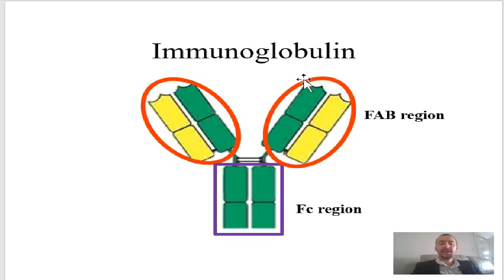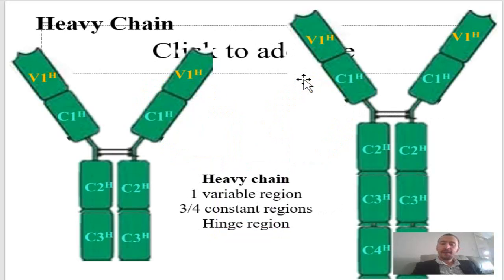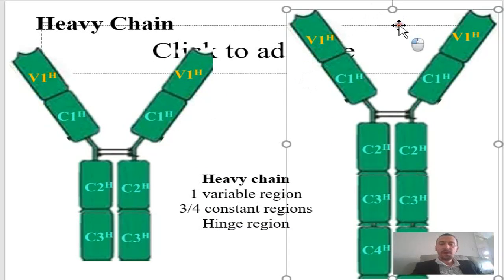We'll talk about this in a little bit more detail later. But at this stage you should appreciate the Fab region is the upper region that attaches to the pathogen, and the Fc region is for attaching to phagocytes.